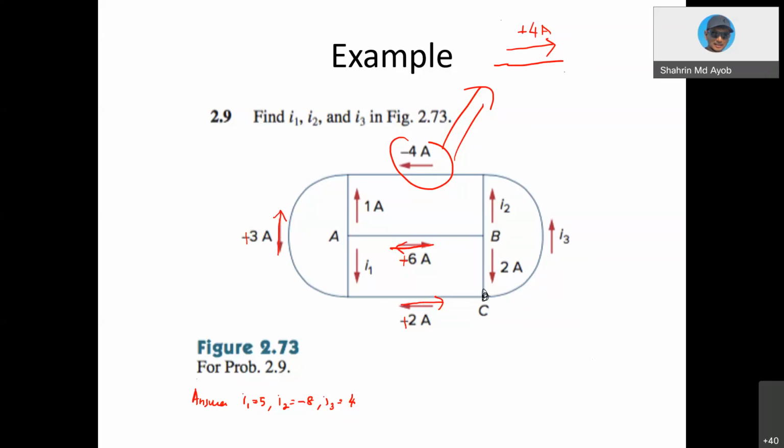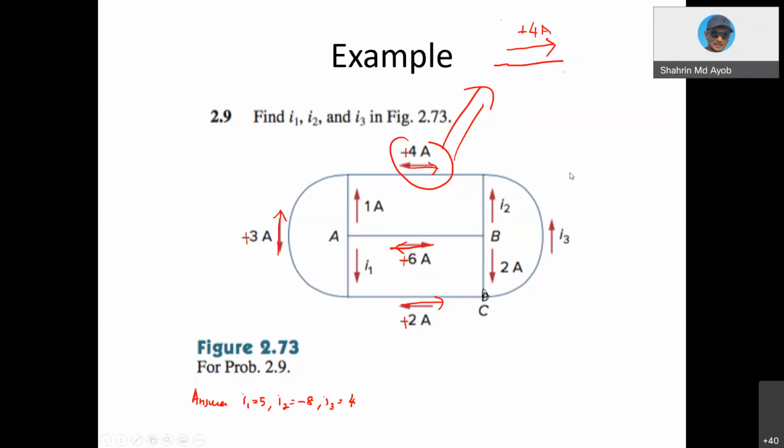If you want to remove the negative, you need to reverse the direction of the current. Negative means that the direction is reversed. So to have positive 4 ampere, you just reverse the direction. I hope you understand this one. So this one is a positive 4 and the direction is like that.